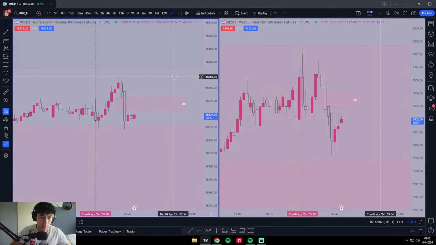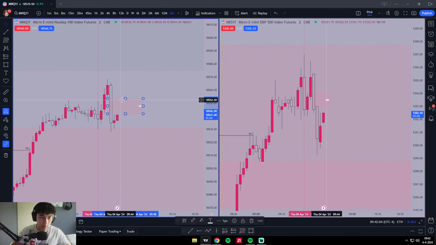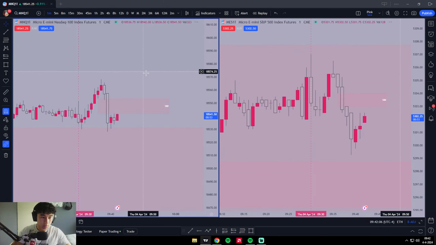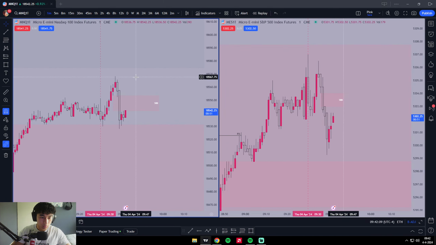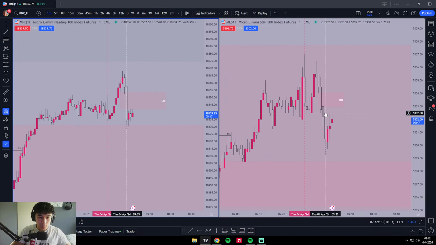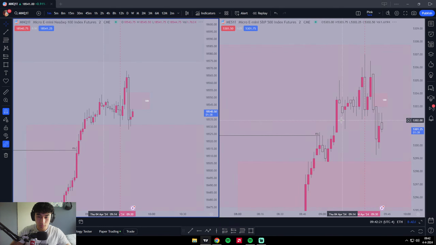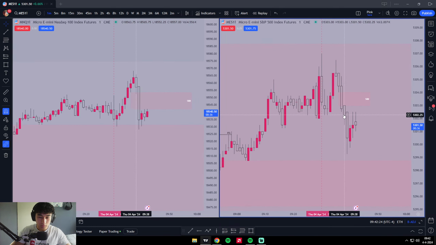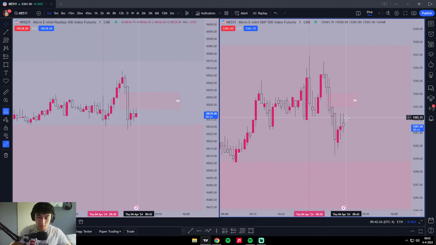And then also on NQ. NQ has this Sibby here, and I think that we do want to respect that. So there, we tap it there. We do have an SMT there now. Or actually, I actually don't. I think we still want to go higher on ES.